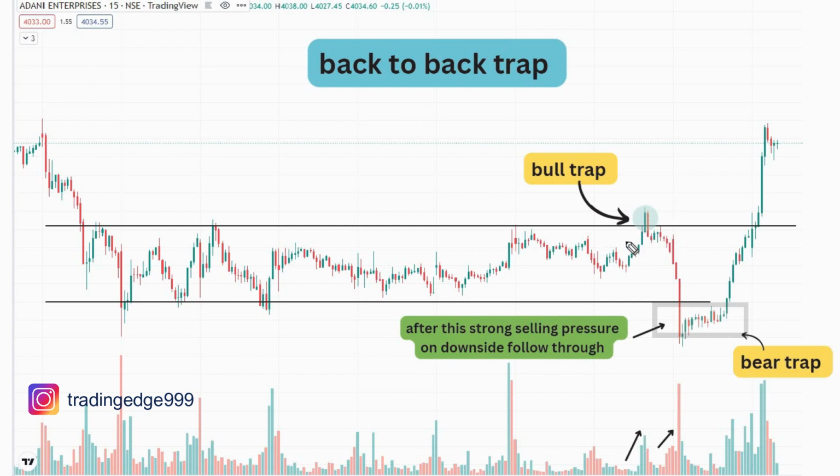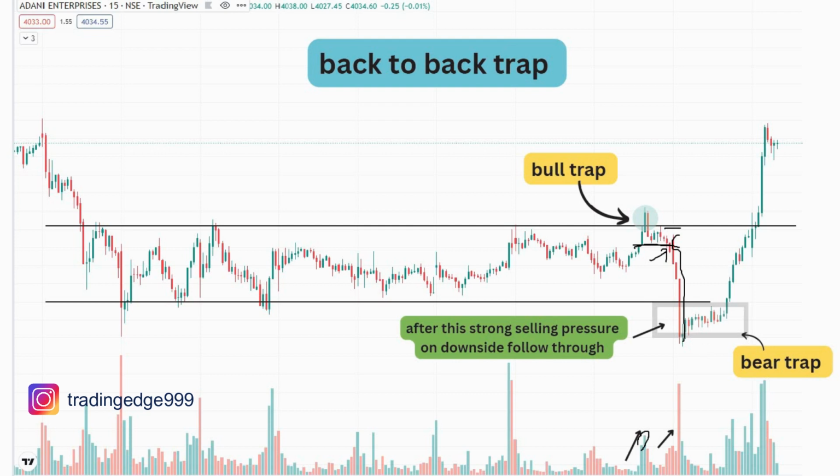Because the buyers who bought here got trapped because of the expectation of a breakout. Then there is no buying pressure, and there is an increase in the selling pressure. So when the low of the high volume bars is taken out, we will sell short here, stop loss here, and see the huge downside momentum after that.